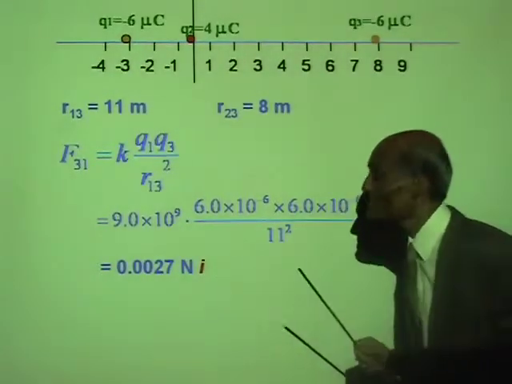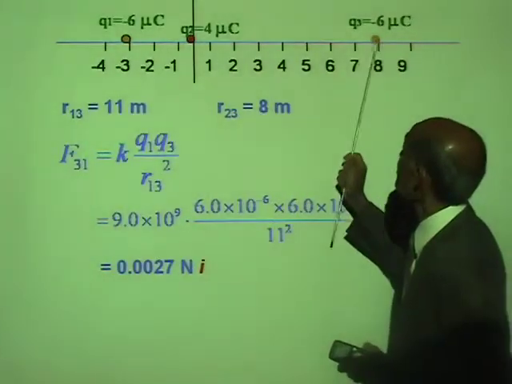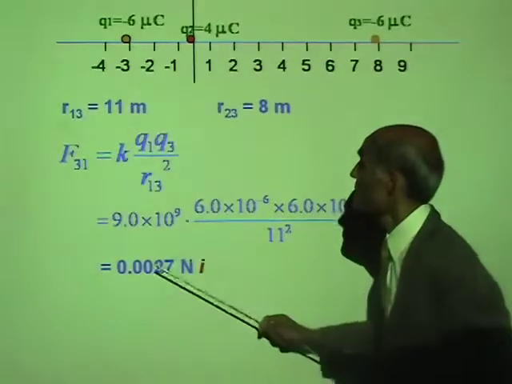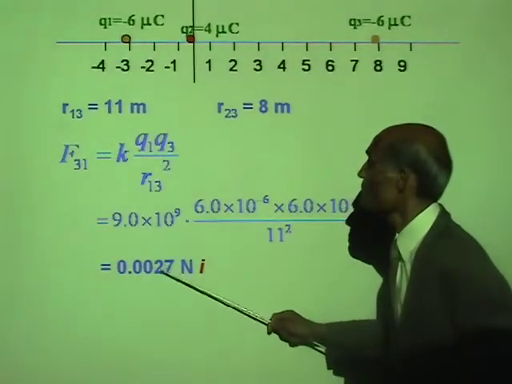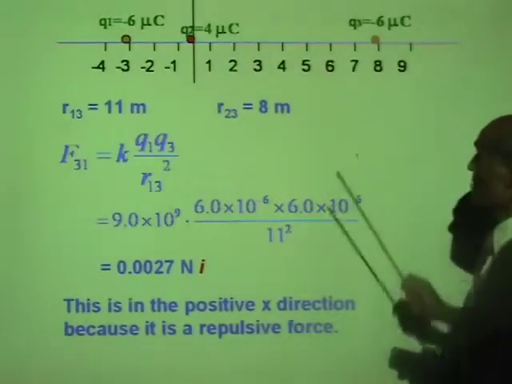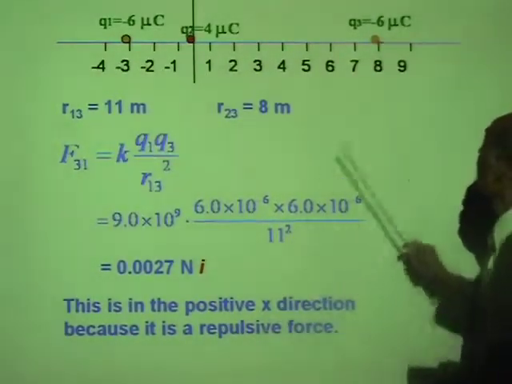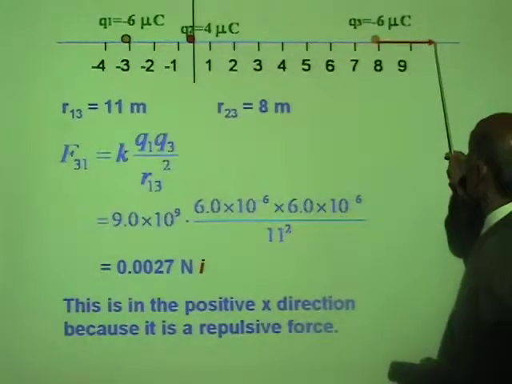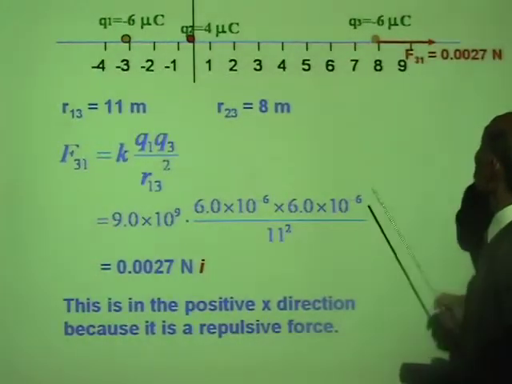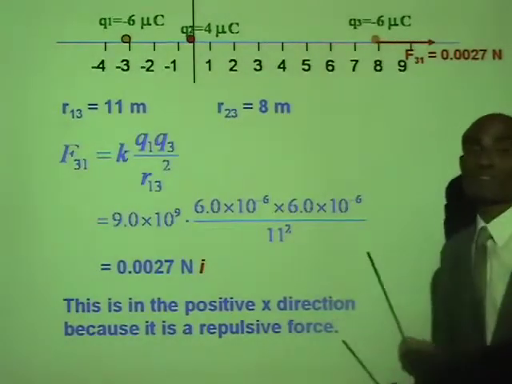And so I used I. So that means the force on Q3 by Q1 is 0.0027 Newton in the positive x direction. This is the positive x direction because it is a repulsive force. So that is the force F31 equal to 0.0027 Newton.